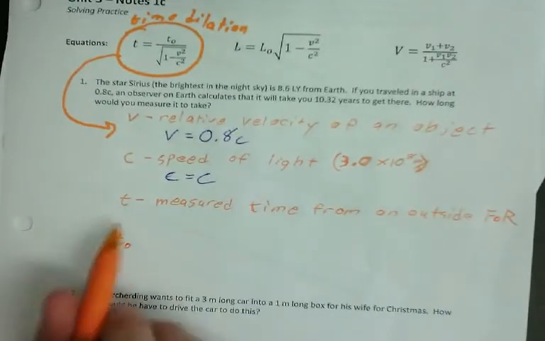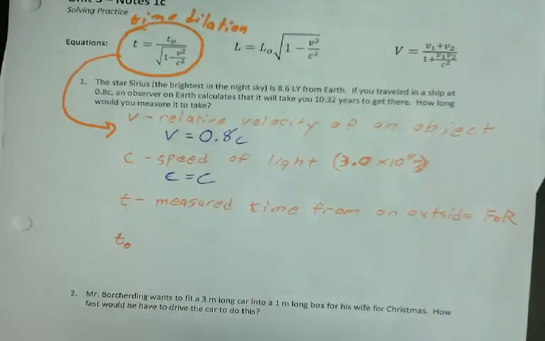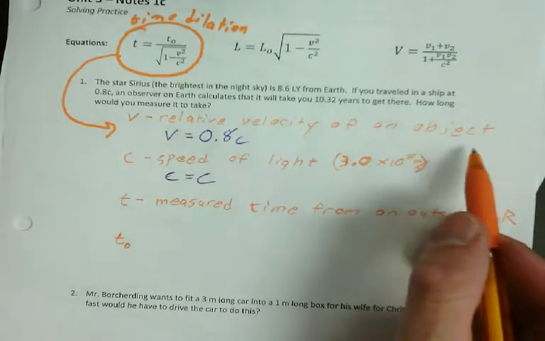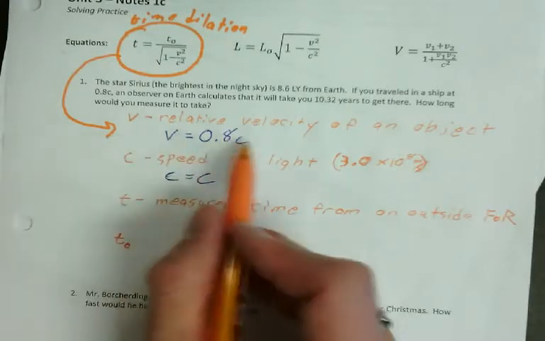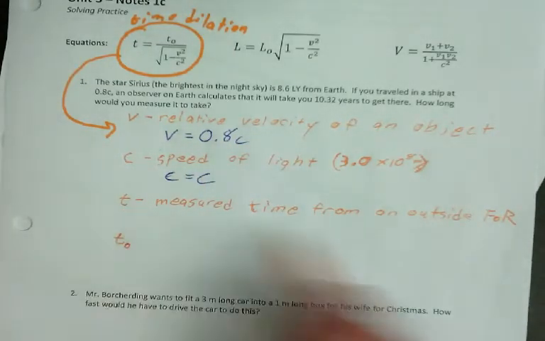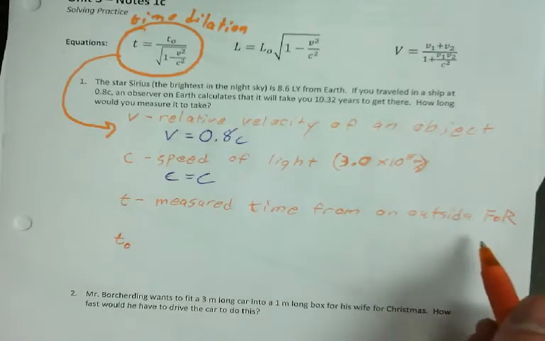In other words, this is what someone not on the spaceship measures. So the spaceship is going 0.8 c relative to some outside observer. That outside observer is measuring their time from an outside frame of reference.